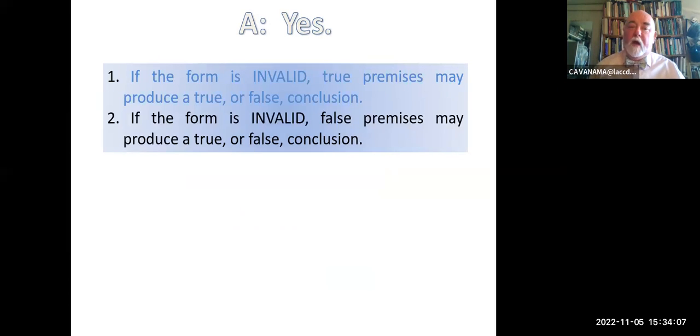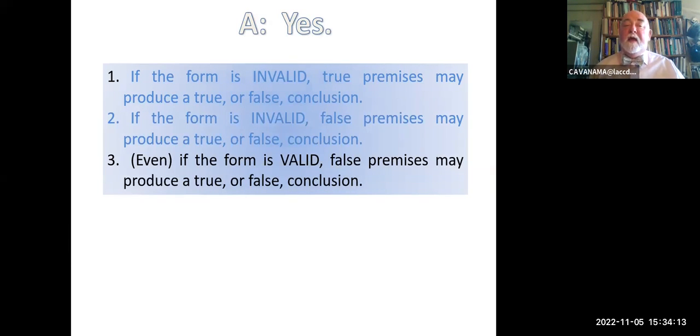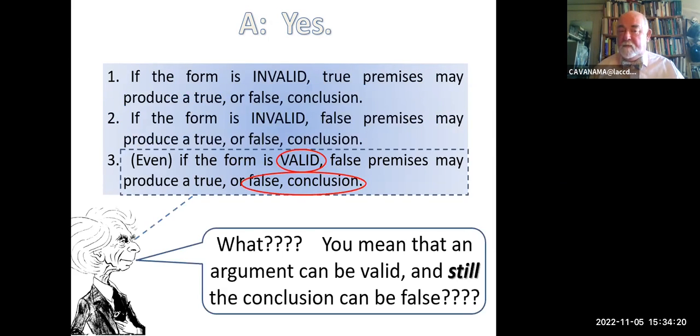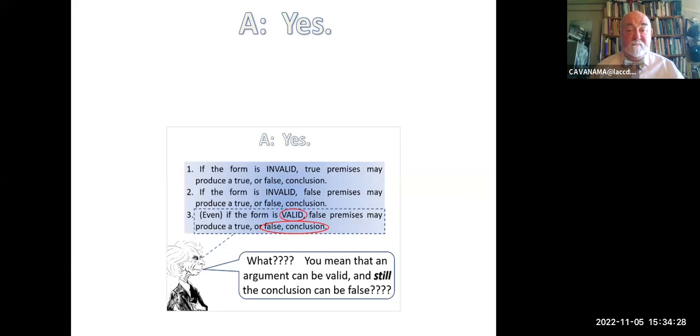If the form is invalid, false premises may produce a true conclusion. Even if the form is valid, not invalid, false premises may produce a false one. You mean that an argument could be valid and still the conclusion can be false? The answer to that is yes.